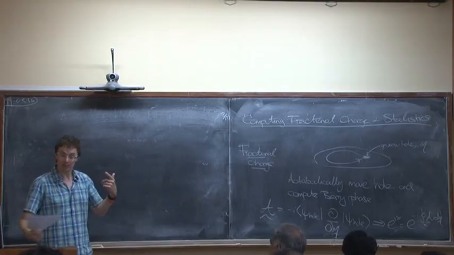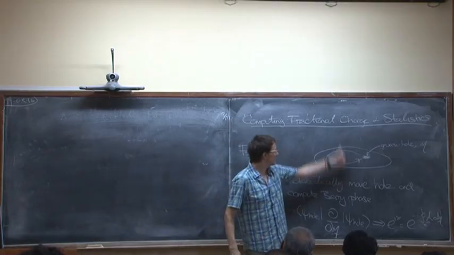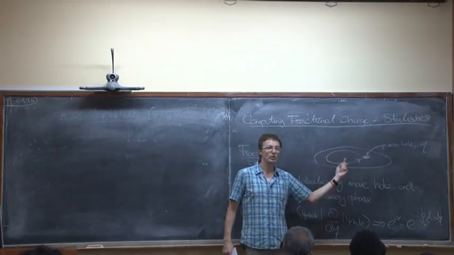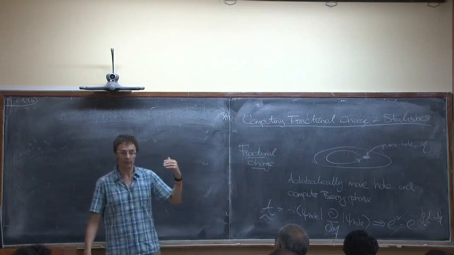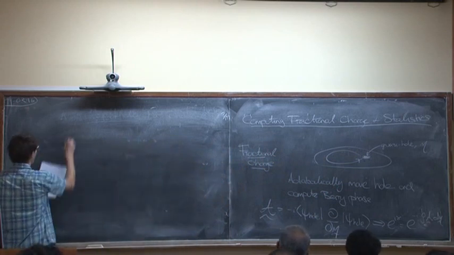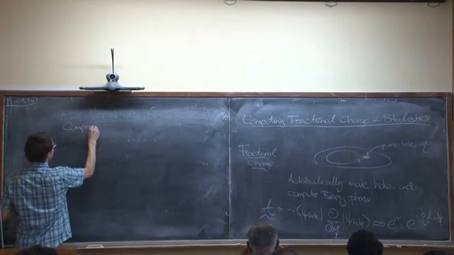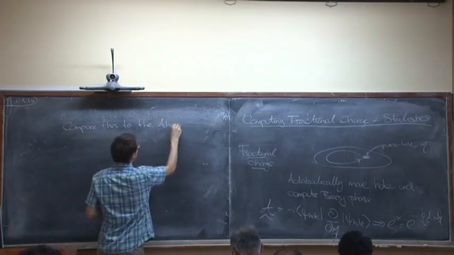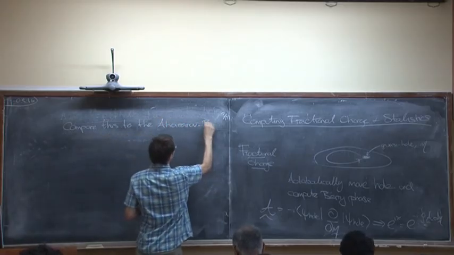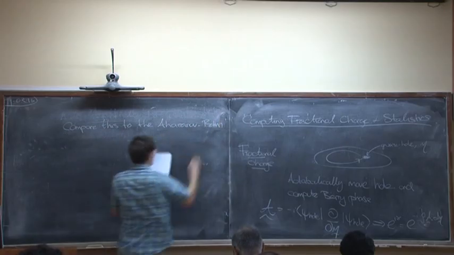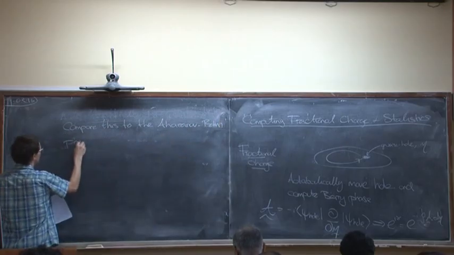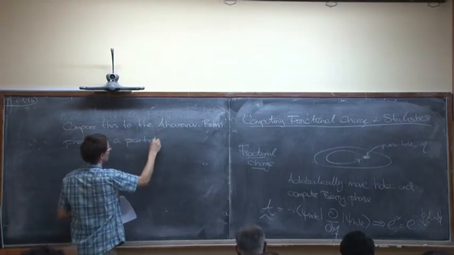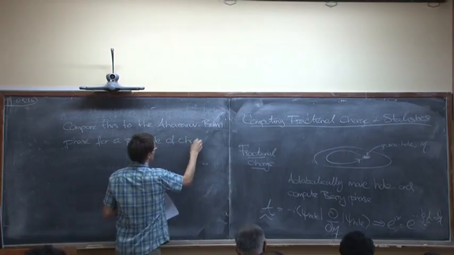But now we compare to what we would expect, because this, of course, is a system with a magnetic field going through it. And as this particle moves around, it's going to pick up the Aharonov-Bohm phase. So you compare this to the Aharonov-Bohm phase for a particle of charge e star.